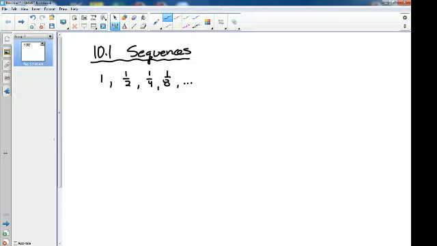So that's a sequence. Can you think of a formula that would define that sequence? n divided by 2. Okay, so we would say f of n equals n over 2. Does it work?